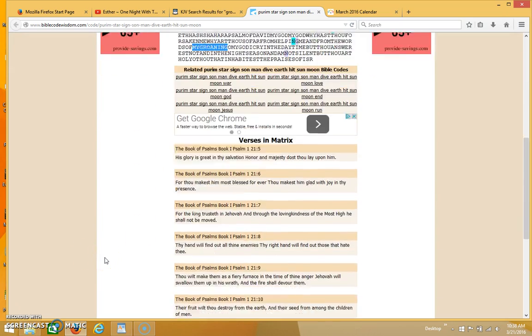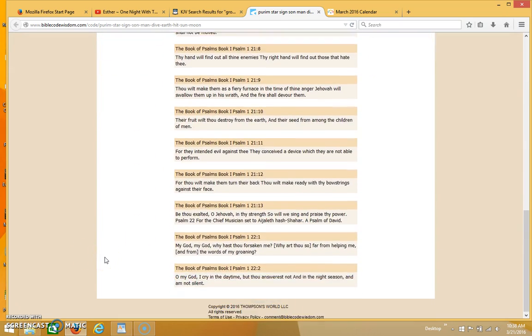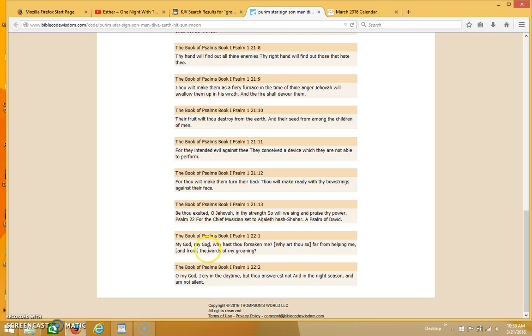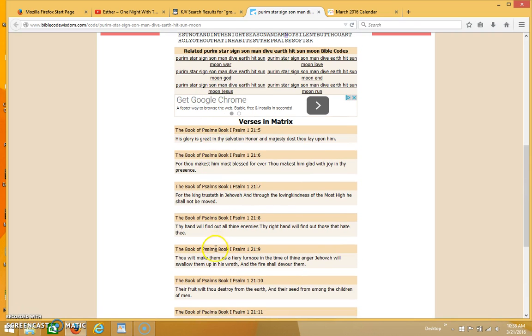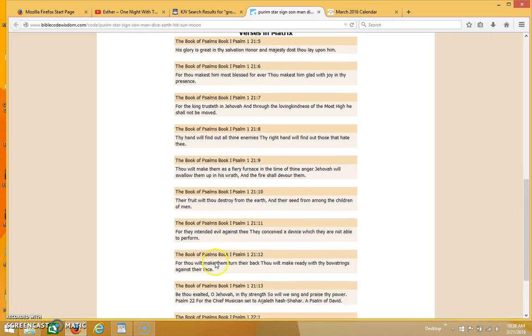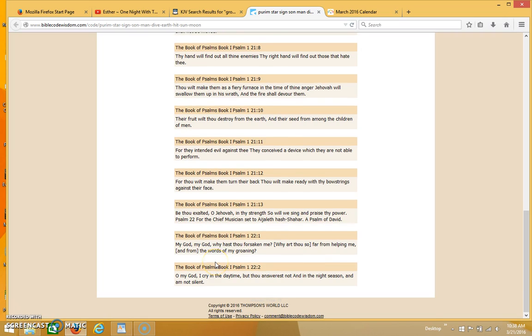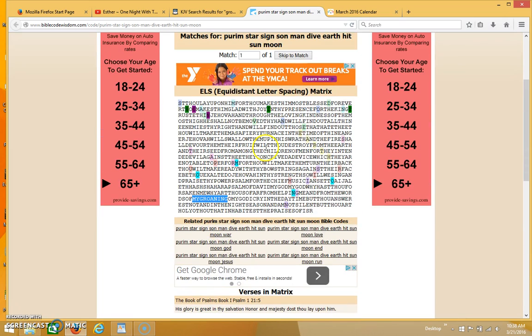And this is actually going into Psalm 22, which is about Christ and the crucifixion. And this is where Jesus said, my God, why hast thou forsaken me? And I think the entire context of this psalm over here refers to Purim.